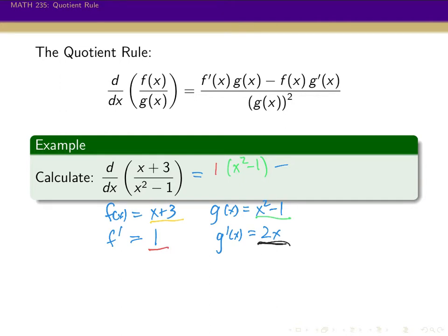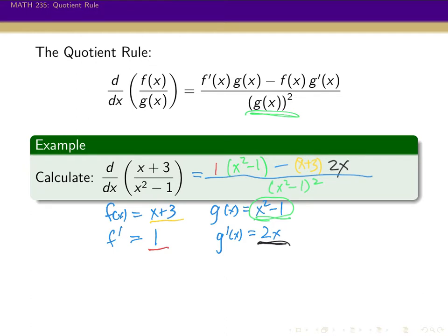So let's write these in. x plus 3, that's my f, times g prime, which is 2x. And then at the end, we're dividing by g of x squared. So x squared minus 1 squared.